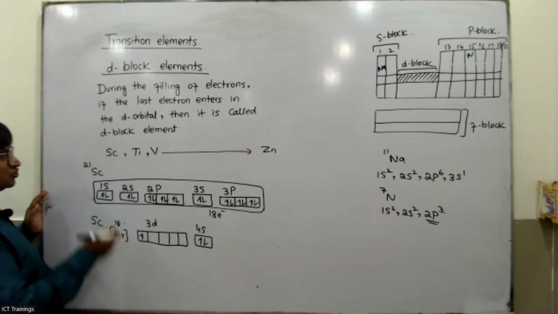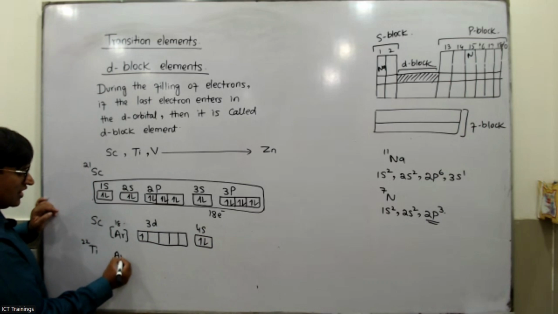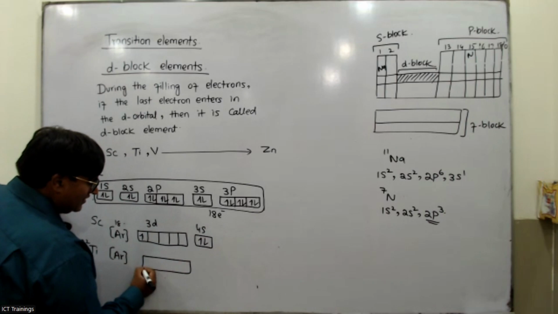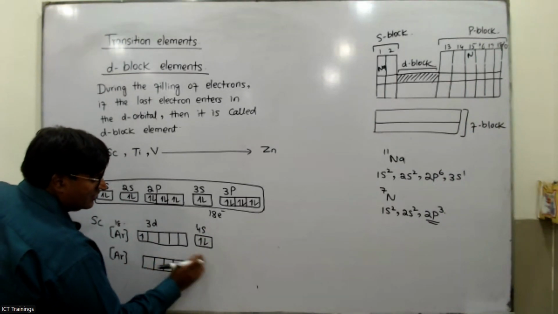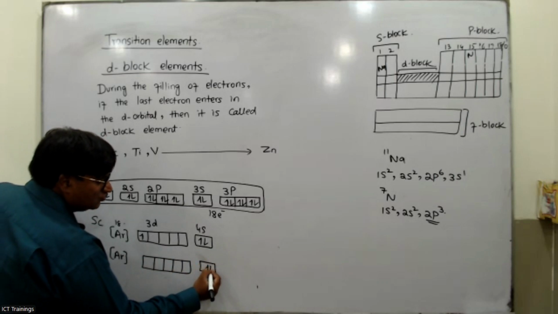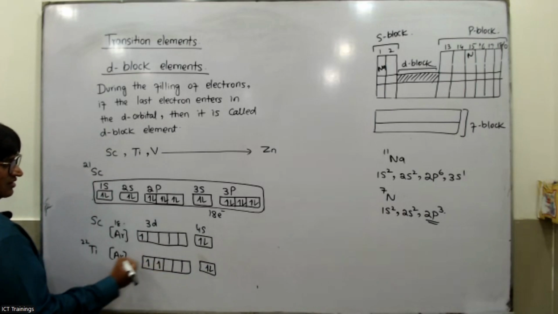Now take titanium, let's suppose. Titanium is 22. So this is argon. You should write it up here. Make the 3d orbitals, 5 orbitals up here, and then 4s up here. So 2 electrons up here, and then 1 electron up here.